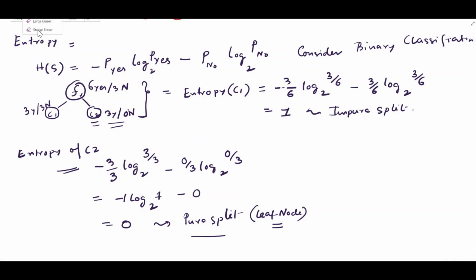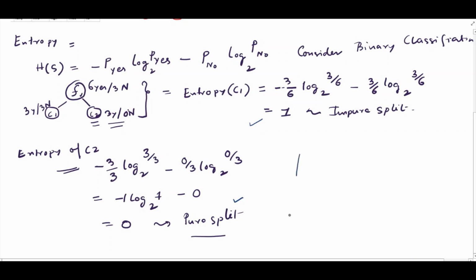This is for information gain actually. Pardon me. Okay, so up to this it's clear. Now do one more thing. What we understand is that if the split is pure, then it's 0, and if it is an impure split, then it's 1. Impure split means when my probability is half, 50-50.